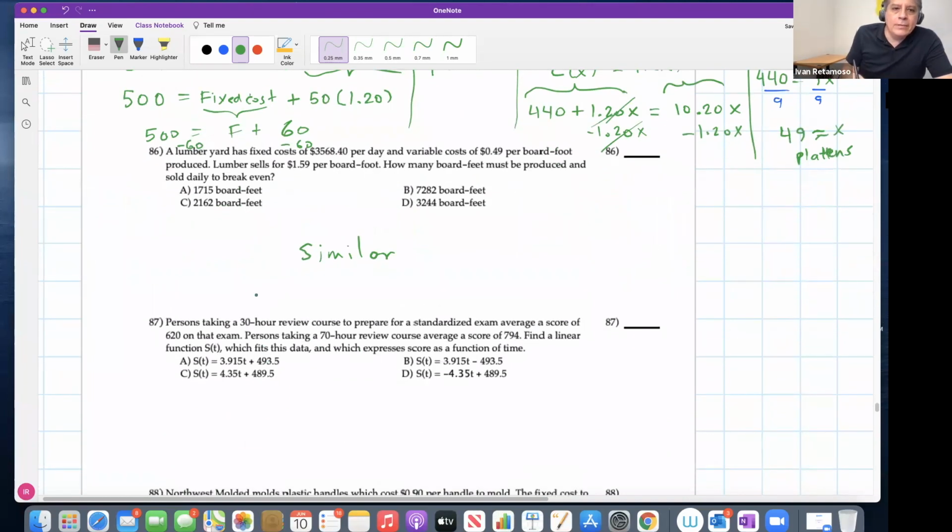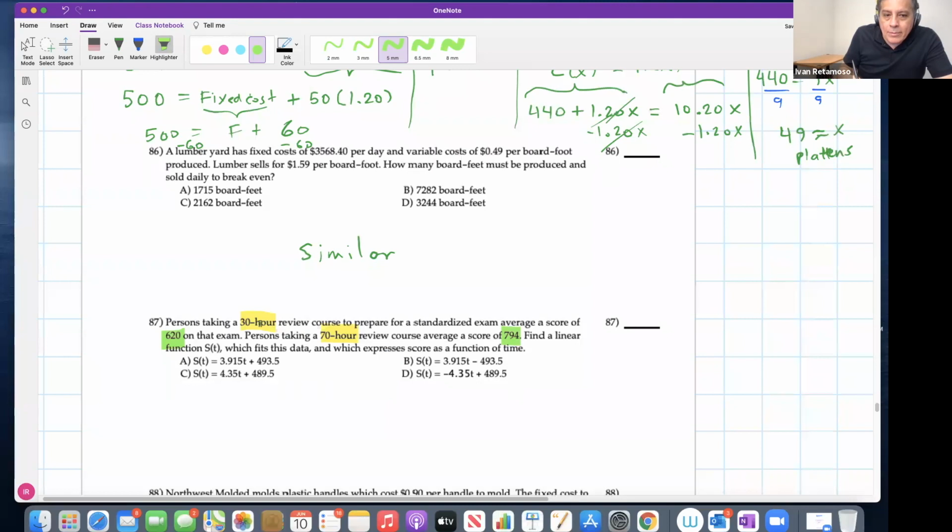This one falls into the category of pairing up input values with output values, right? They say that if persons take a 30-hour review course, they get a score of 620 on the exam. But if they increase the number of hours of preparation to 70 hours, they will score better, 794.